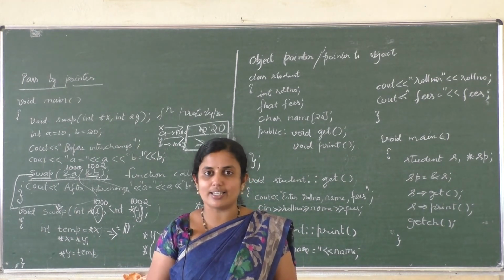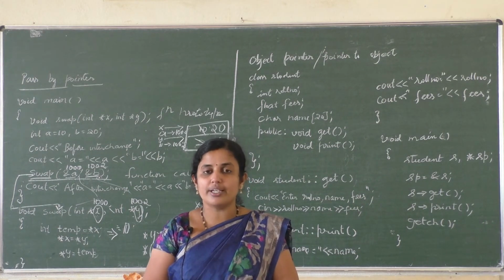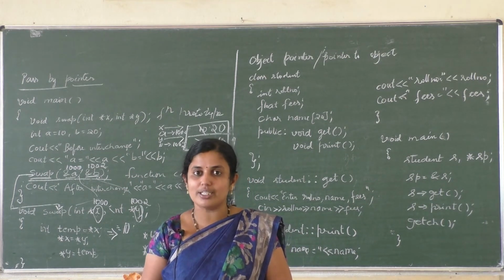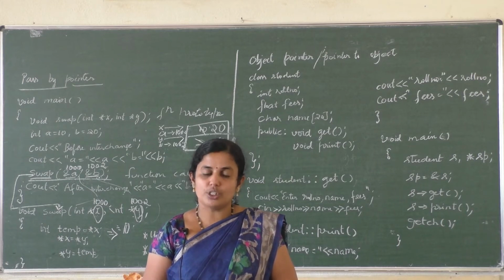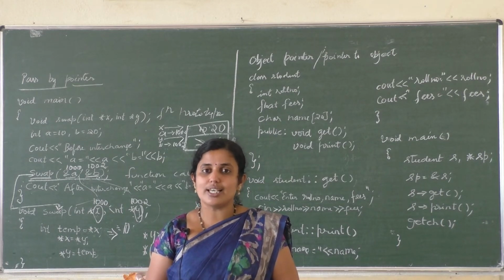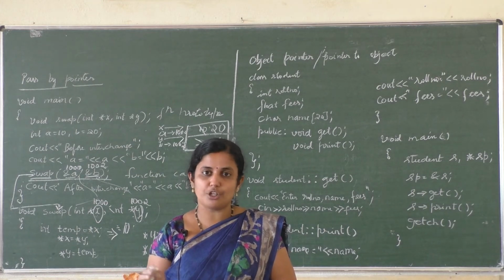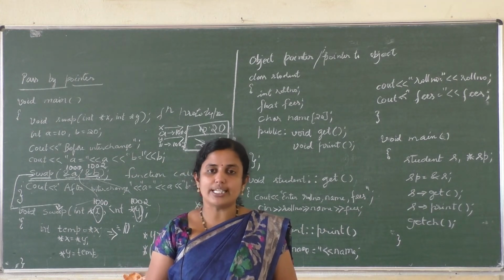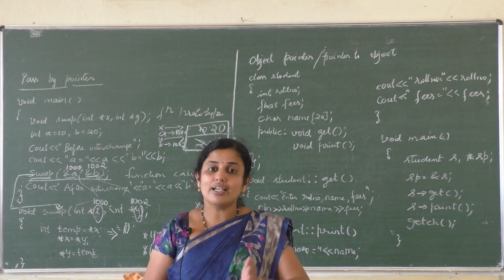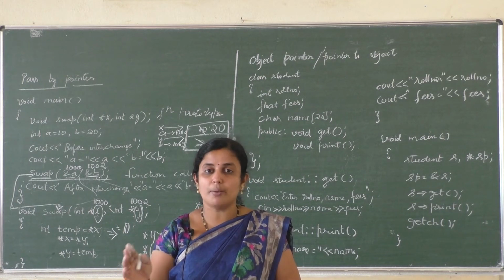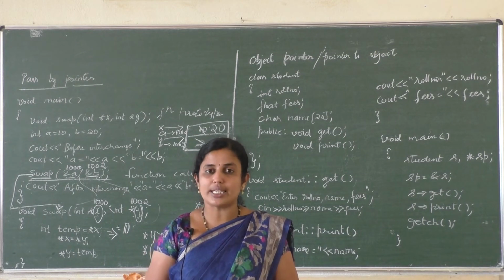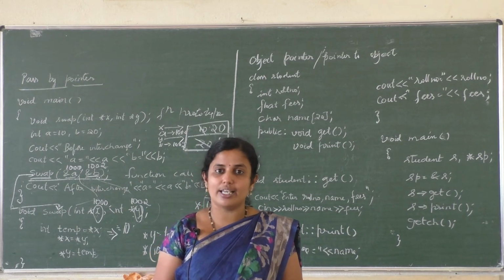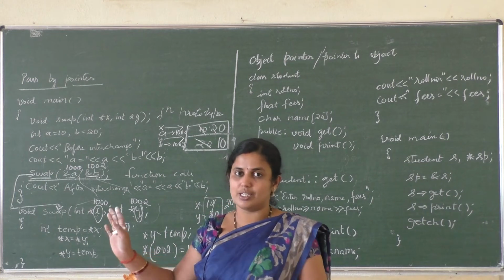So we can say that the formal argument and the actual argument refer to the same memory location. Actual arguments A and B, formal arguments x and y. In this case, A and x refer to the same memory location, B and y refer to the same memory location. So if I make changes to x and y, it will reflect in A and B. That's the concept here. Is it clear?